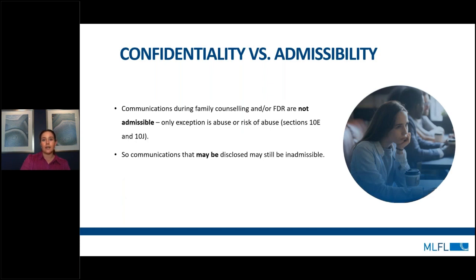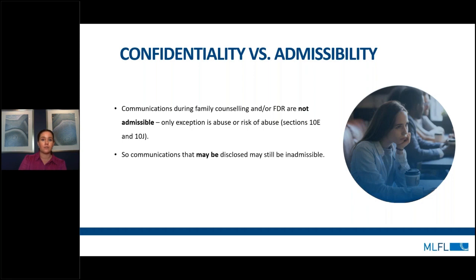So confidentiality is whether your notes can be disclosed. Admissibility is how the court can use that information. This is a question that comes back to the parties' legal representatives and the court itself if they're involved in that kind of process.